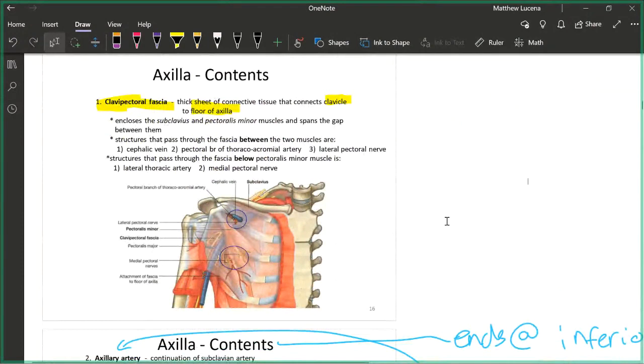Then the veins, arteries, and nerves there would be your cephalic vein, the pectoral branch of your thoracoacromial artery, and your lateral pectoral nerve. Those are between the subclavius and the pec minor. And then stuff below the pec minor includes the lateral thoracic artery and the medial pectoral nerve.